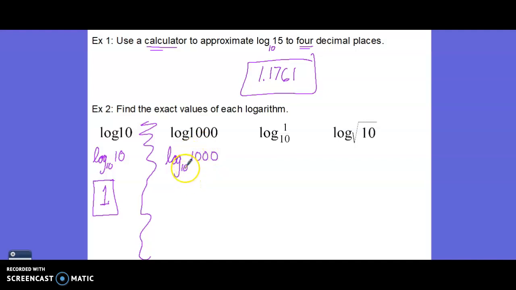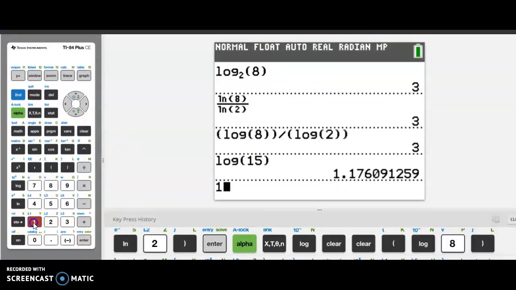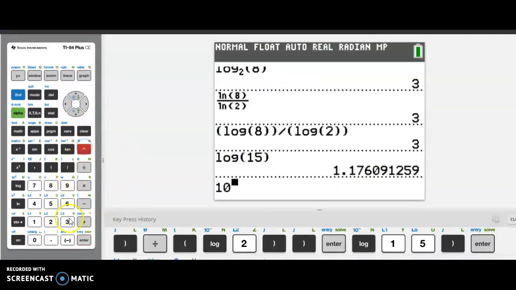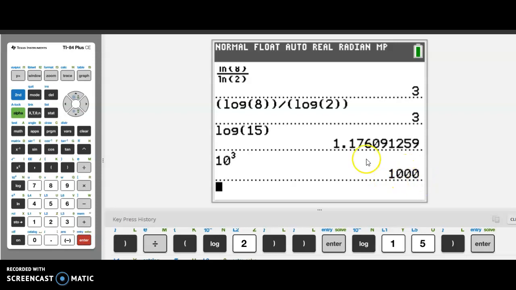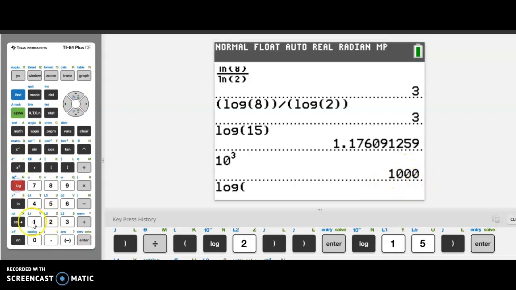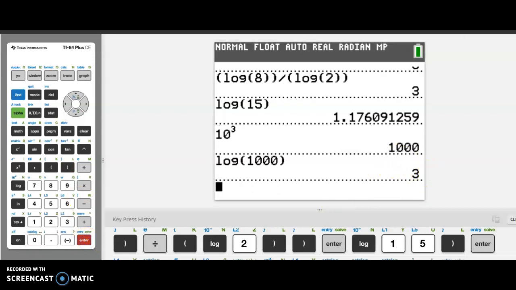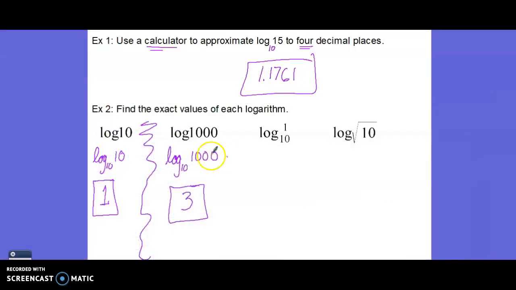But I think you can all figure out how to do this. 10 to what power would give me 1,000? Should be the third. Okay. And yeah, check your work. Is it true that 10 to the third power is equal to 1,000? Yes, you could just type in log of 1,000. I'm well aware that you could just do that. But I want you to think a little bit.